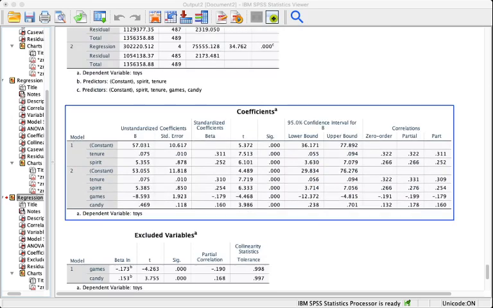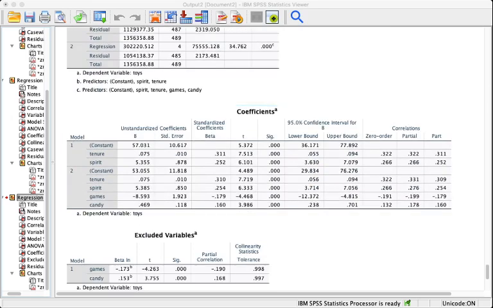Okay, now we can look at this coefficients table. So things will likely be fairly similar for tenure and spirit, but you can notice that there's actually a slight change in spirit here in the beta weight and the B weight too, you can see that the values change slightly.